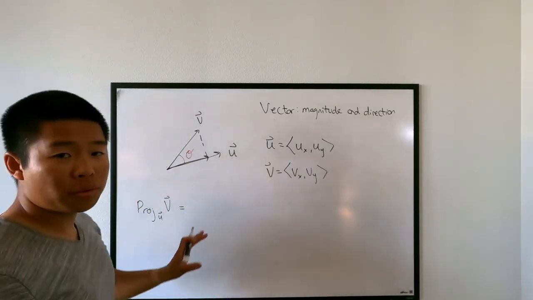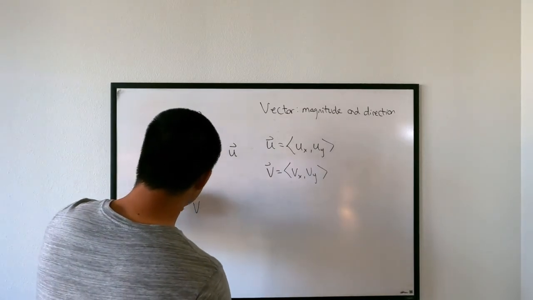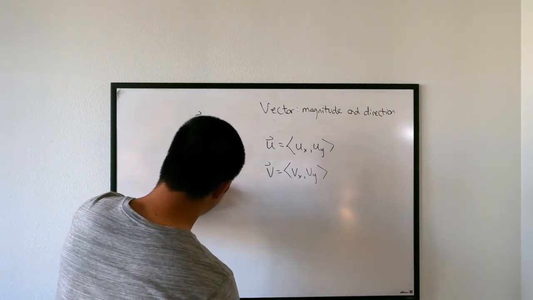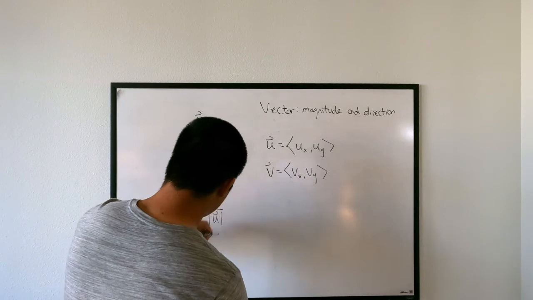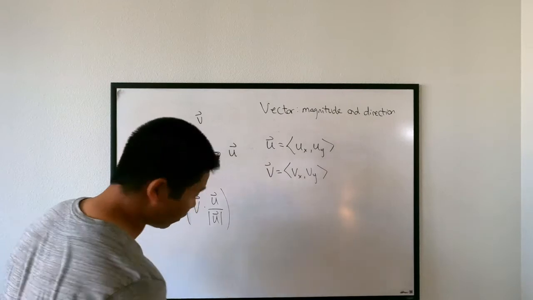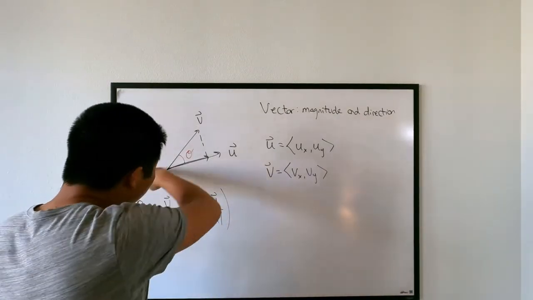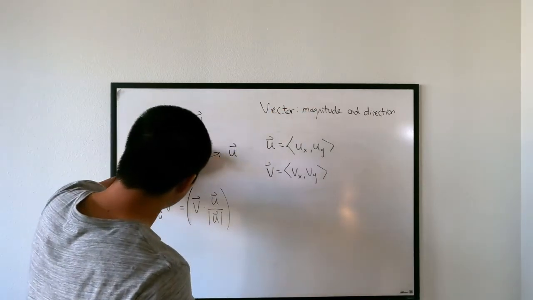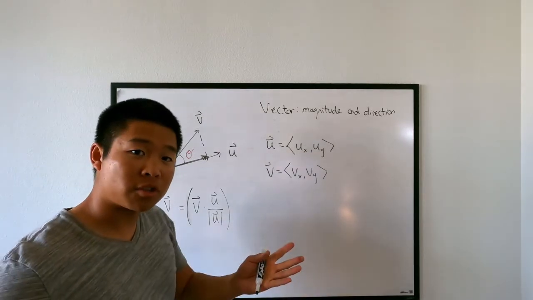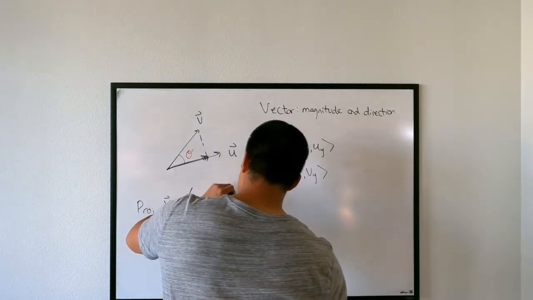So therefore, we use the exact same equation as before, which is going to be v dotted with a unit vector of u, which will be u divided by the magnitude of u. This is going to be a scalar, okay? And then I only care about what? The direction of u, because this, at the end of the day, points in the same direction as u. Therefore, if I only care about the direction of u, I again use the unit vector times.